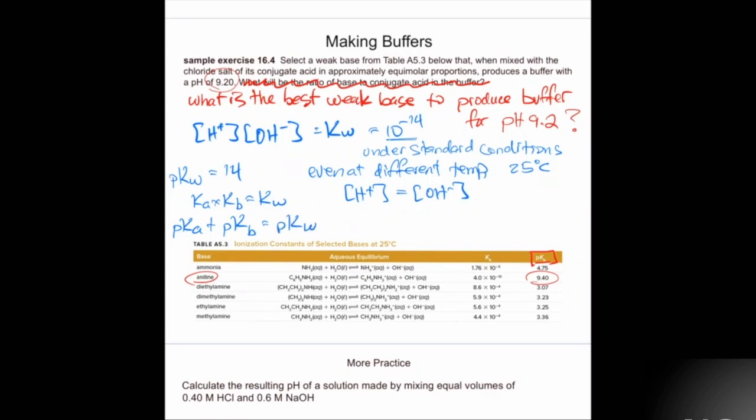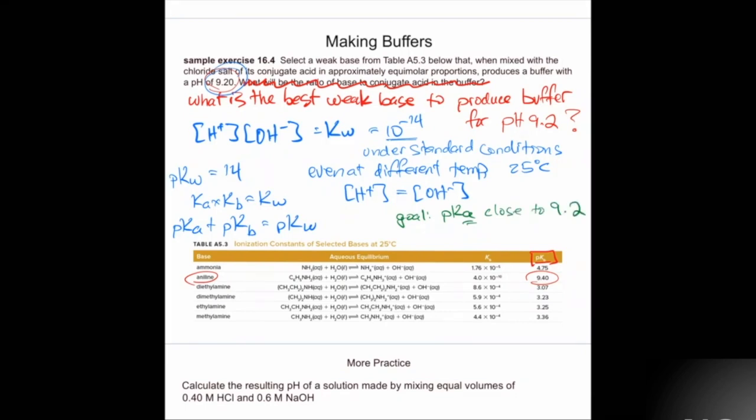I don't need to rederive all of these things for you, okay? It's all very circular. Now, unless you're told otherwise, we're going to assume that we're at standard conditions. So here our goal now is a pKa close to 9.2.